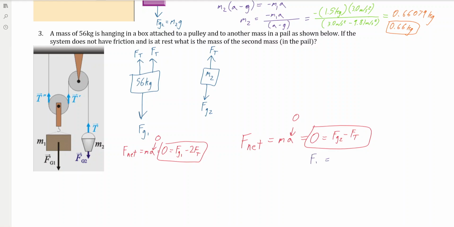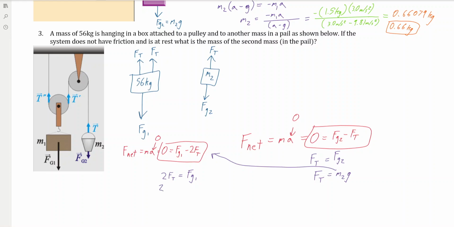So FT, I'm going to add it to both sides, and we've got FG2 here. And I can go one step further and say, well, this is M2G. So now I can use that value back in here. So first of all, we'll move the 2FT over, like this.